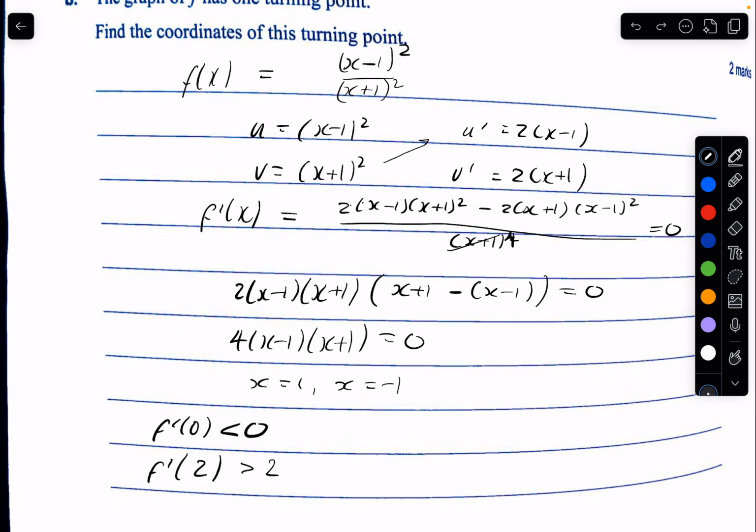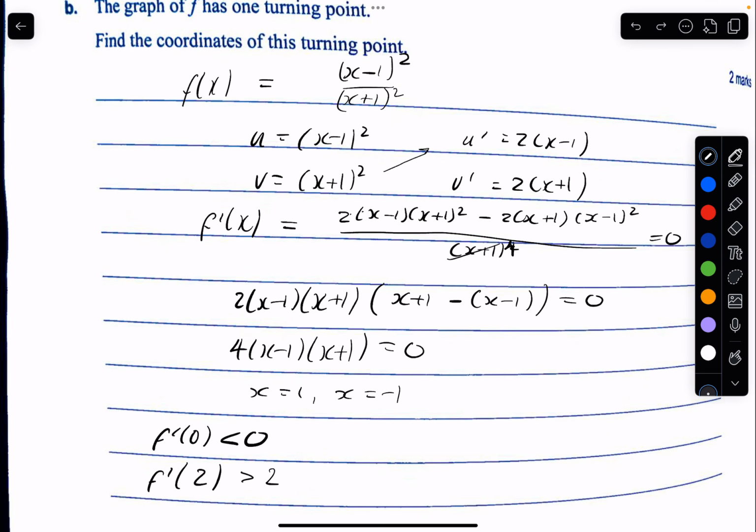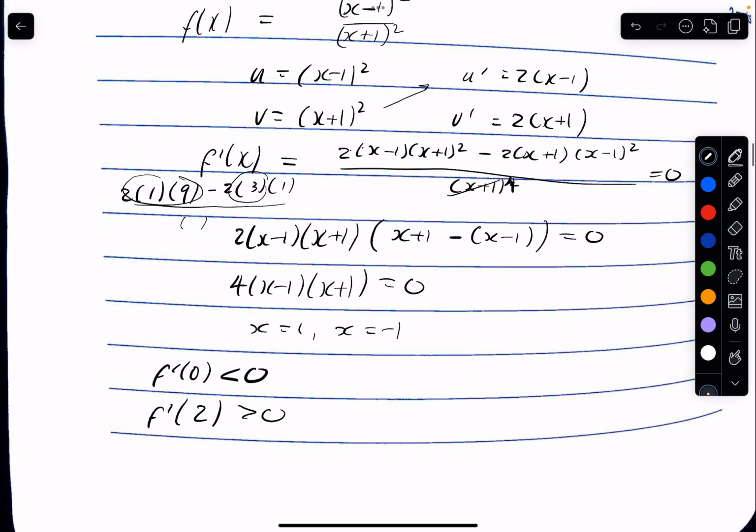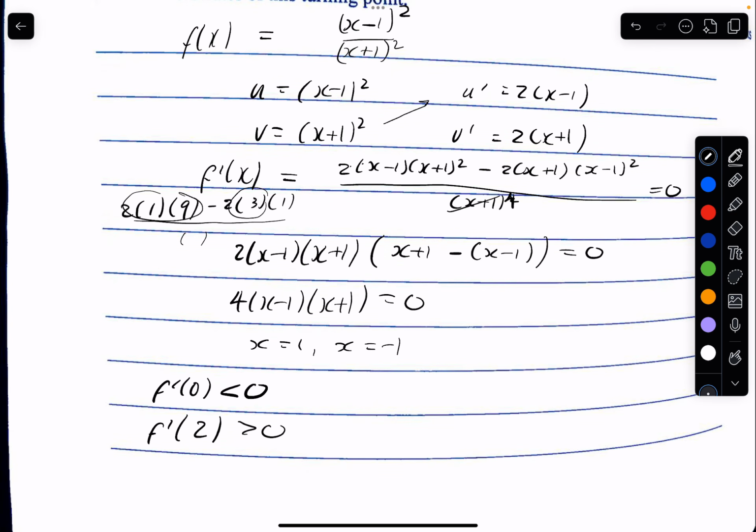What is it? It's 2 times 1 times 9 minus 2 times 3 times 1 over a positive number. So this is 18, that's positive. I think.